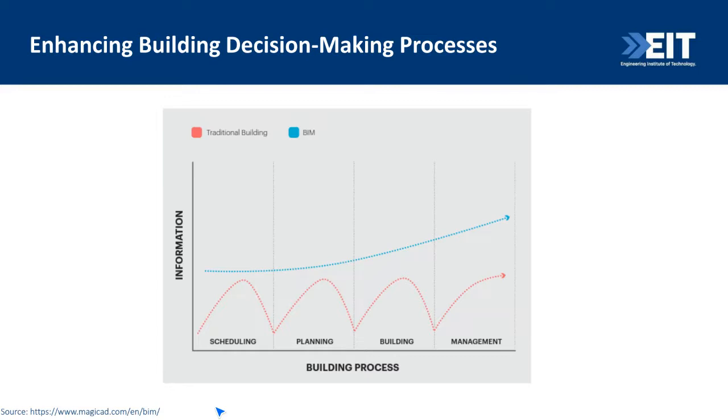On the other hand, BIM allows the establishment of continuous flow of information. Every stage of the building process is digitally documented from early planning and design to construction, operation, maintenance, and final recycling. Okay?